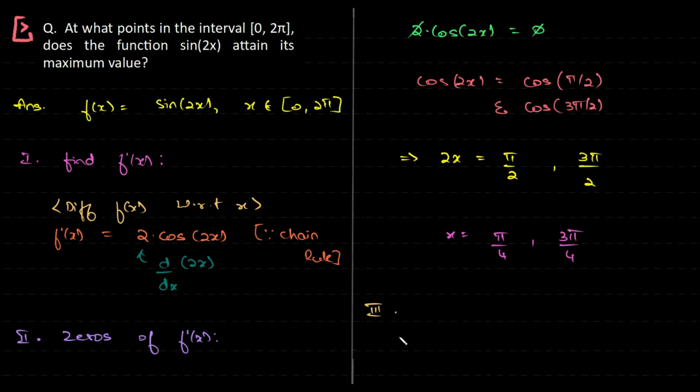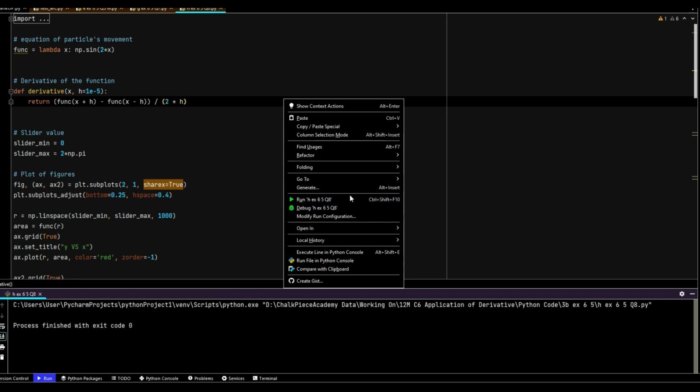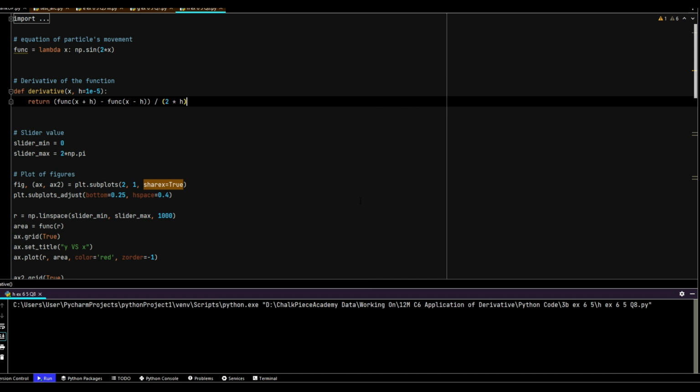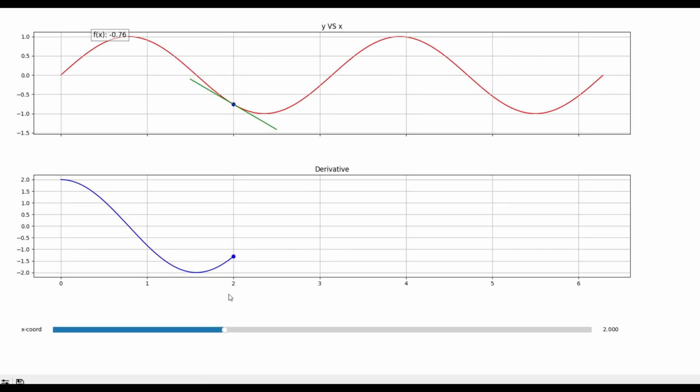But we know that in trigonometry, in sine waves and cos waves, when we have 2x and 3x and so on, the waves are compressed. You should have learned this in your waves chapter.